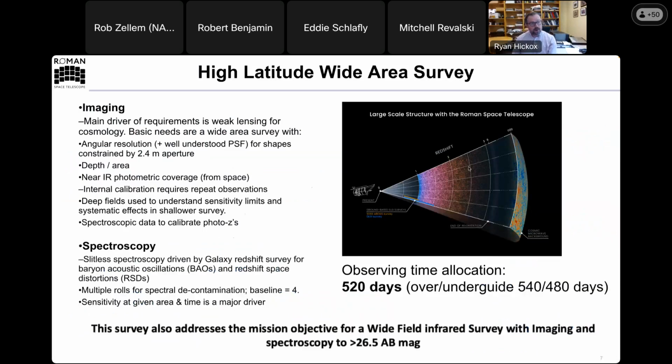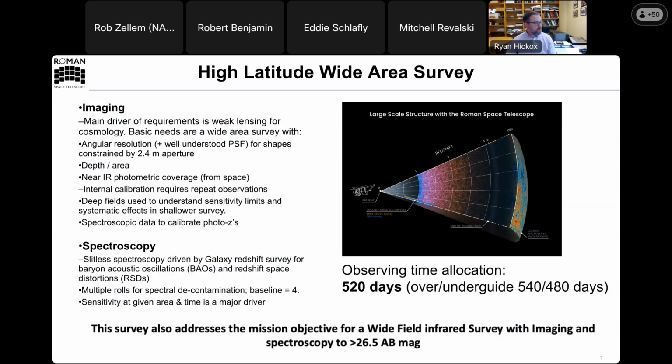Okay, so in terms of the high latitude wide area survey itself, the broad architecture is that it consists of a large area, both imaging and spectroscopy survey. The main science driver, as laid out by the science requirements for the imaging survey, is weak lensing for cosmology.